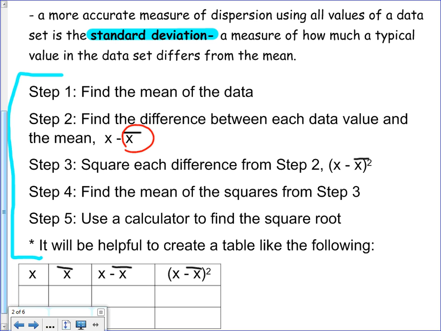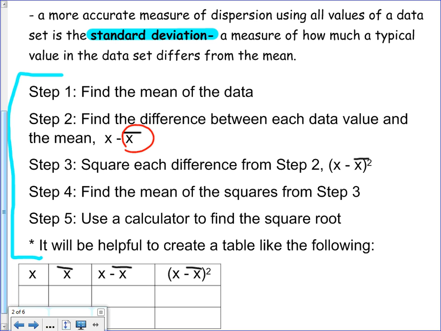That's how they write that. Then you square each of those differences. Then use a calculator to find the square root of all of that.